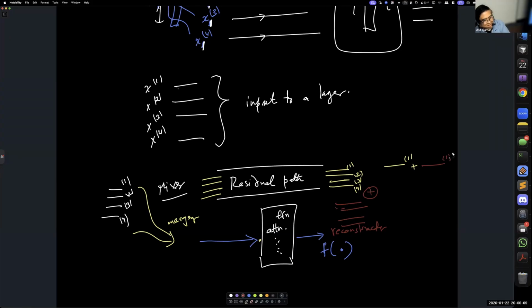Do you see that? Now you may ask, why in the hell would I do this? Why did I suddenly bring up the mixer, the merger, the reconstructor in the whole game? These are just plain matrices at this moment, but actually they're not just matrices. Internally, they have some tanh, sigmoid, activation, etc. built in. But forget about that. Think of them as mixers, mergers, reconstructors.